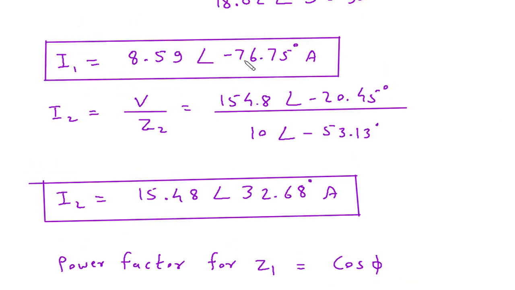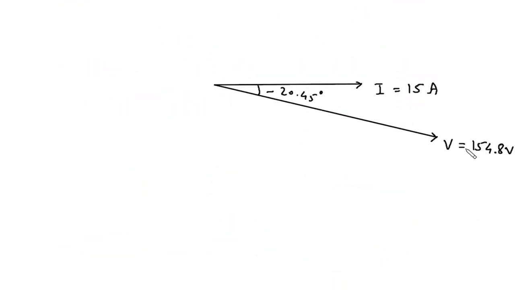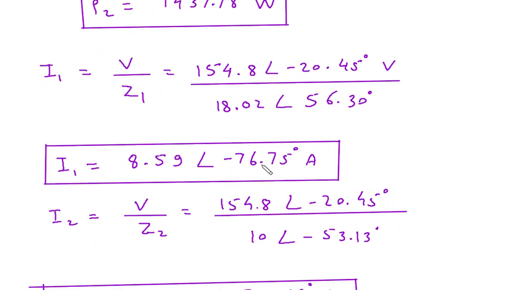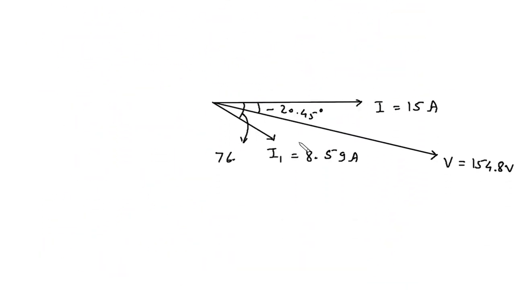Then next is I1. I1 is at minus 76.75, so it is also negative, and I1 is equal to 8.59 ampere, which is smaller than this 15. Its angle is 76.75 degree.